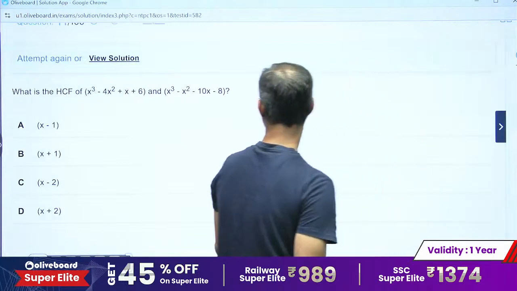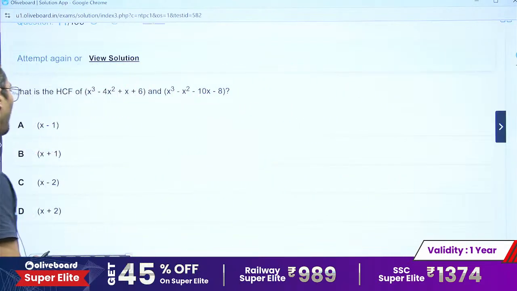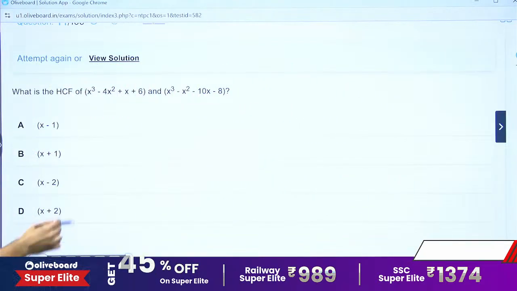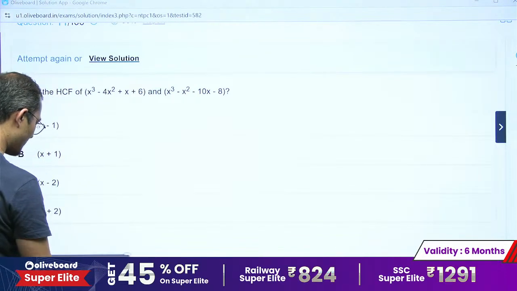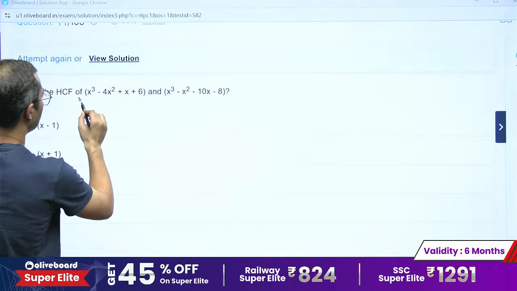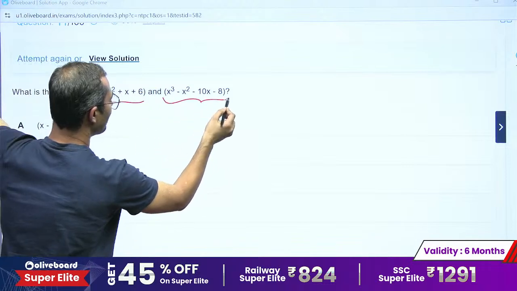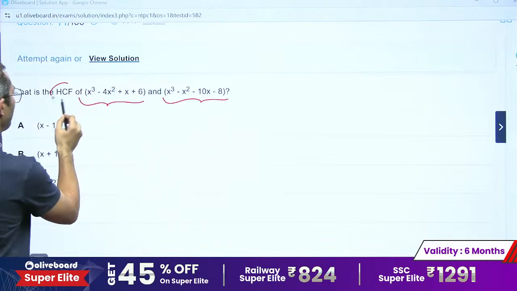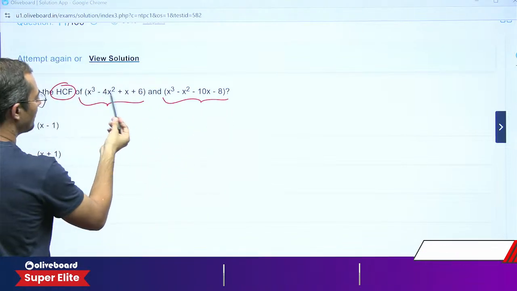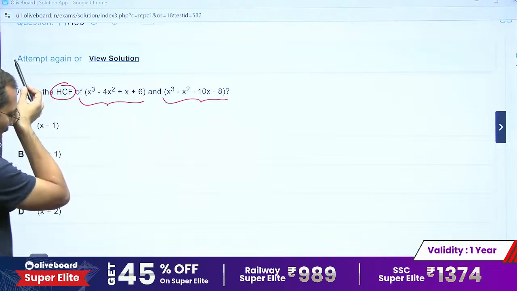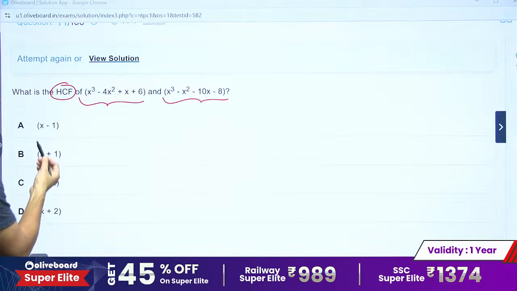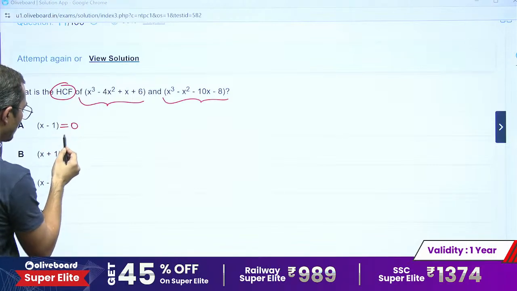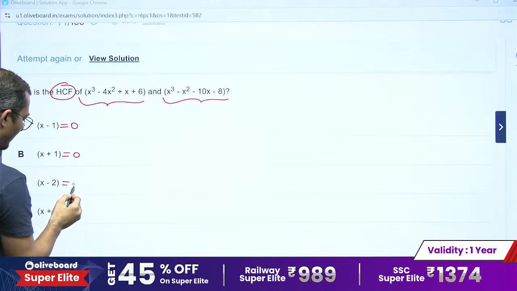Tell me what is the answer for this question. See, what is the HCF when we have algebraic expressions, right? The HCF is the expression which is going to divide both the expressions completely, right? If it divides completely, it means it is becoming a factor.